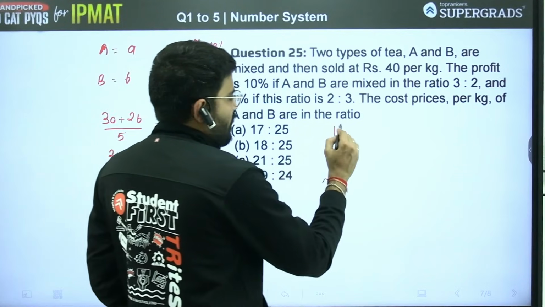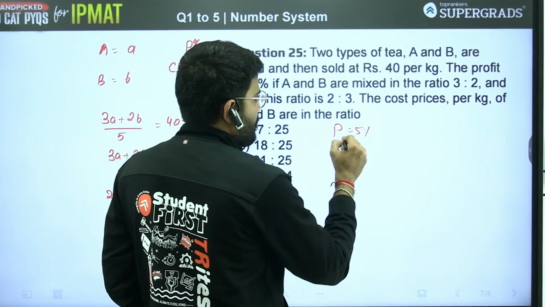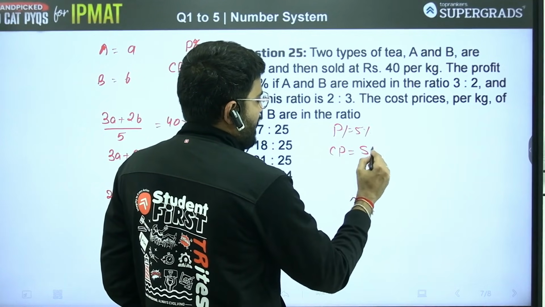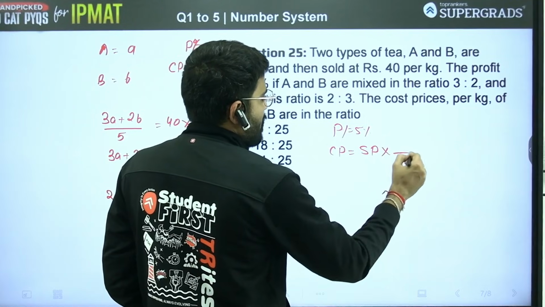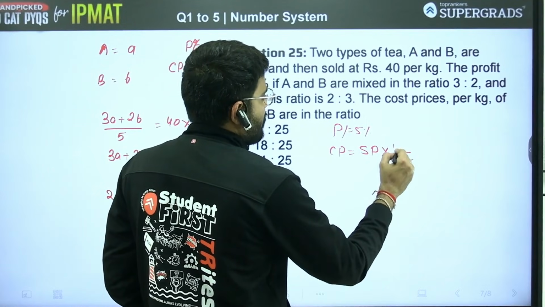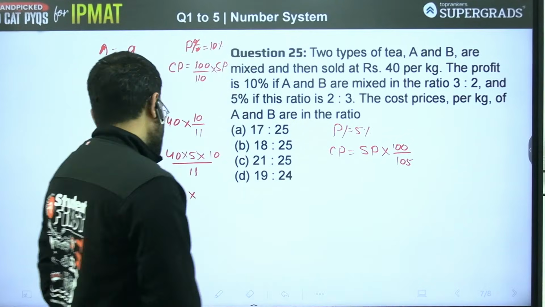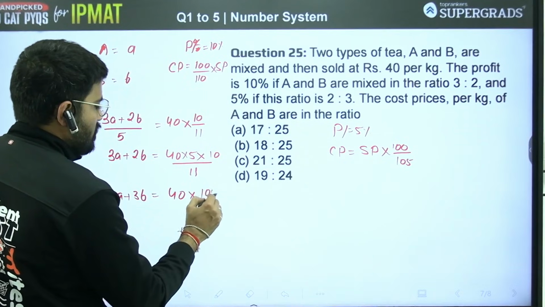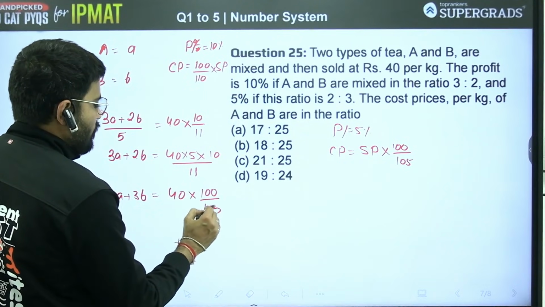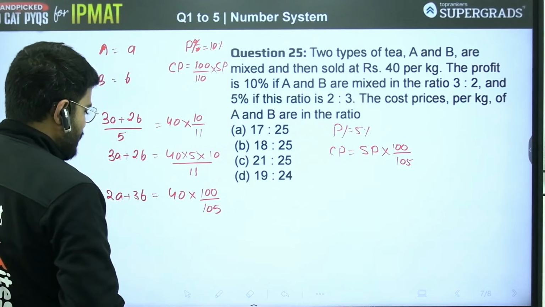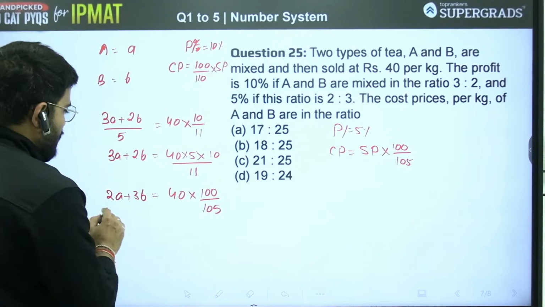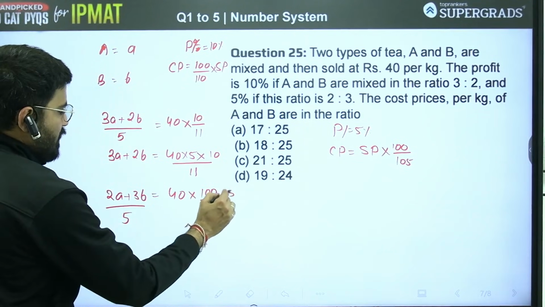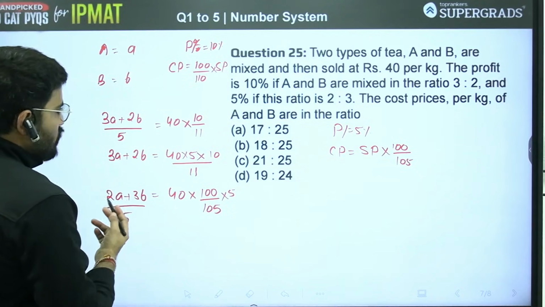So if your profit is 5%, it means your CP will be calculated by dividing SP by 105 and the numerator will be 100. So 40 into 100 upon 105. This will be my CP divided by 5. So this 5 goes here and gets multiplied. So you have two equations, two variables.